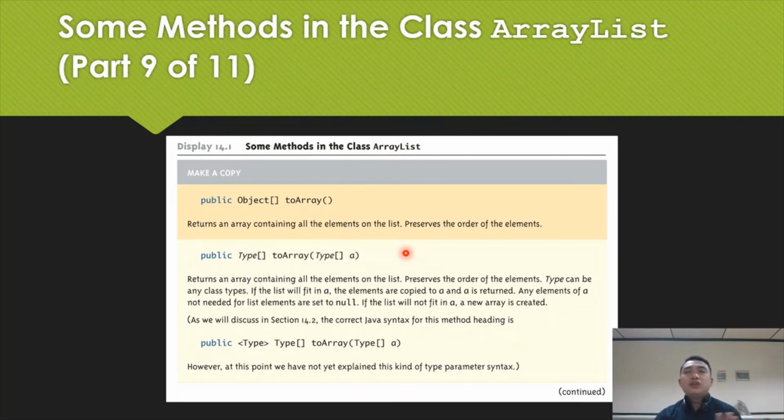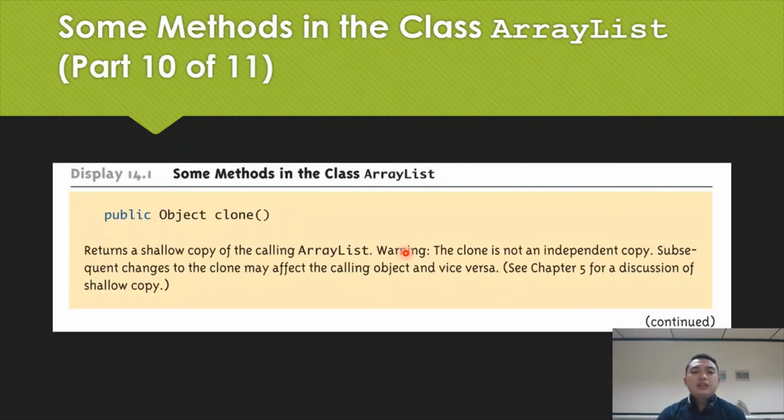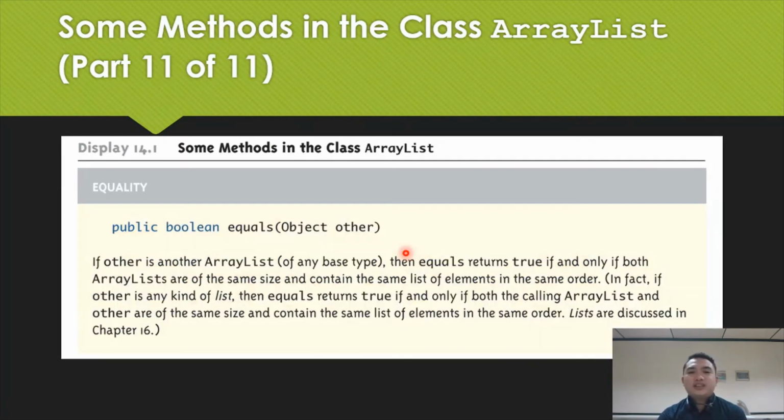You can convert the array list into character array or other type array. And then clone, it will return a shallow copy of the calling array list. So warning, the clone is not an independent copy. So subsequent changes to the clone may also affect the calling object.